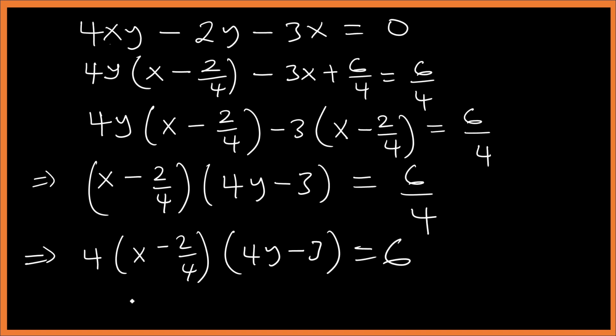So let's go. We have 4x. So 4 times this side. So we have minus 2 on 4 times 4. So the 4 cancels the 4. I will leave it minus 2. So this side is minus 2.